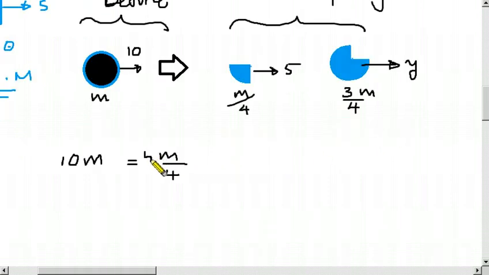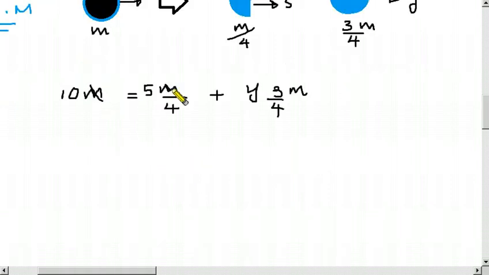Then 5 times mass, mv multiplication plus, because the same direction, y times 3/4 of m. So m cancel, here 10, 5 divided by 4 plus 3y divided by 4.